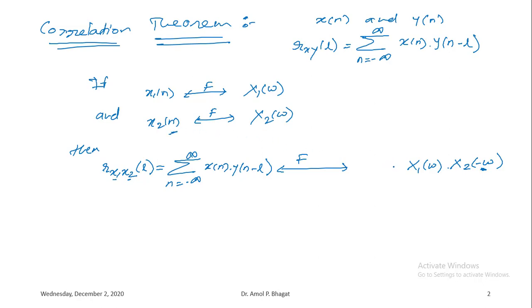In Fourier domain we can indicate it by, for example, capital S x1 x2 of omega. This is nothing but the correlation theorem. This is how we can identify the correlation of the given signals x1 of n and x2 of n.